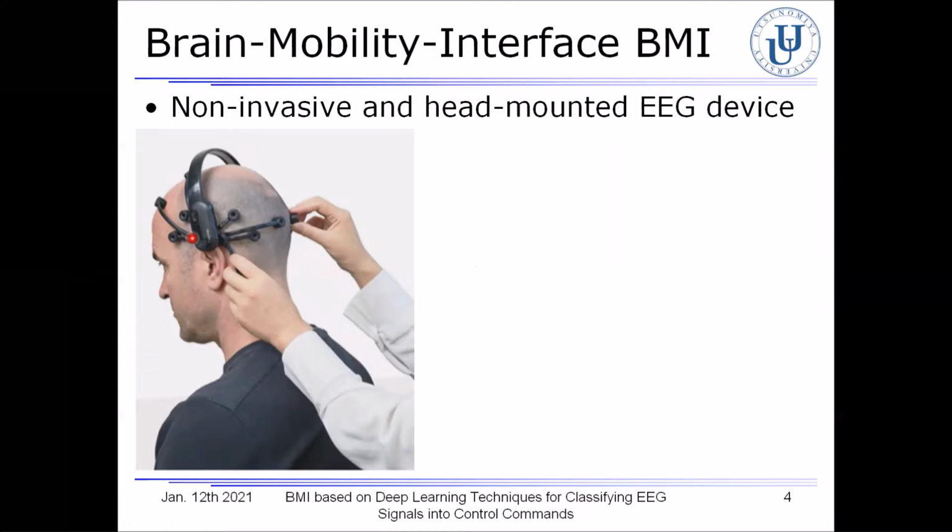The classified commands are then sent to the PMR. As can be seen in this picture, the EEG device consists of electrodes, for example, here and here. At each electrode, a brain potential over time is measured as the EEG signal.